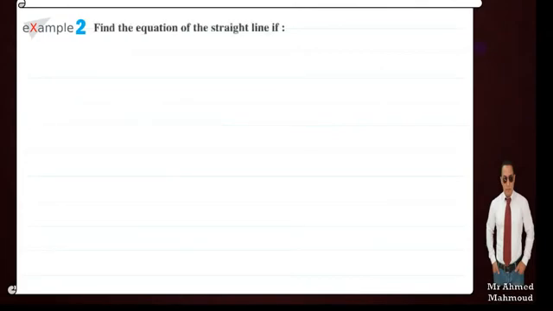Example 2, find the equation of the straight line. Now, before starting to find the equations, the equation of a straight line is y equals mx plus c. From this equation, to form the equation of a straight line, we need m and c in every question.